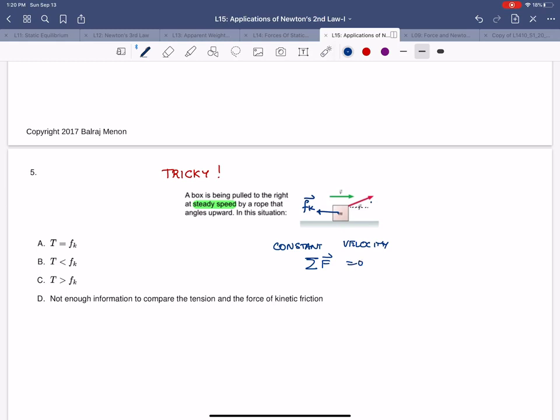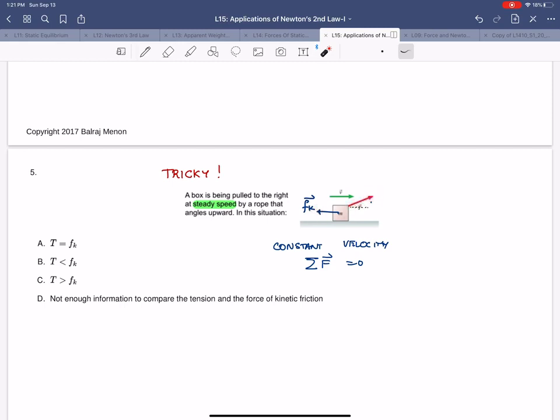And you might say that if that's the case, then the tension must equal the force of kinetic friction, because it is sliding. But actually this condition is not correct in this situation. Why? Because the tension is not in the same direction as the force of kinetic friction.